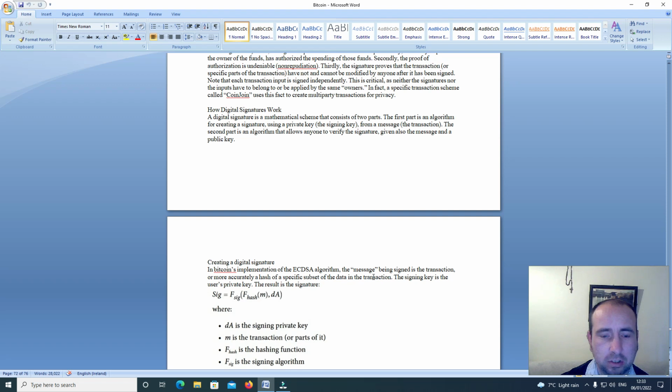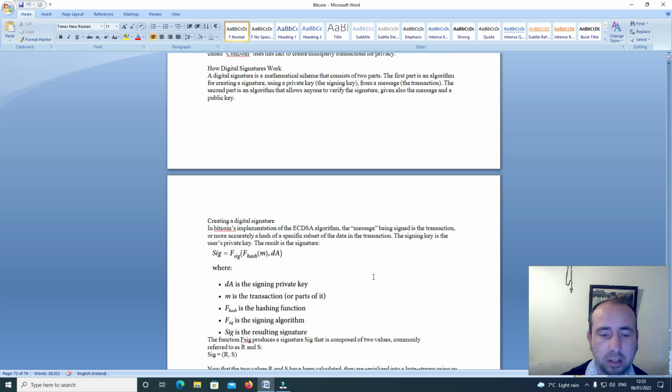How digital signatures work. A digital signature is a mathematical scheme that consists of two parts. The first part is an algorithm for creating a signature using a private key, the signing key, from a message, the transaction. The second part is an algorithm that allows anyone to verify the signature, given also the message and a public key.